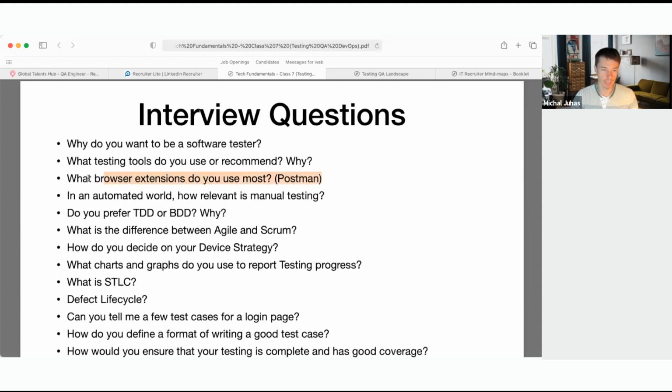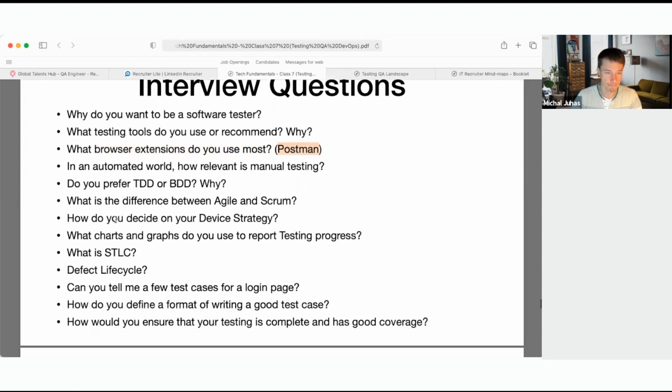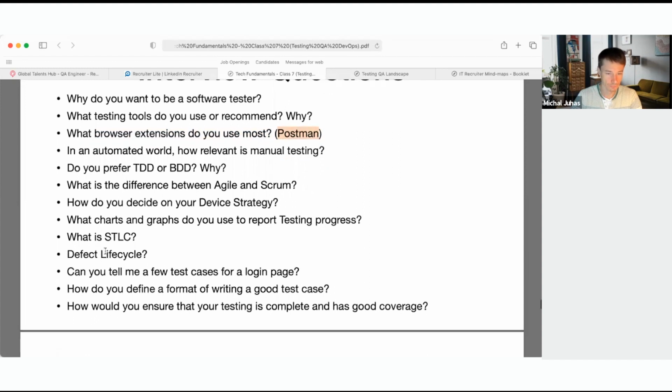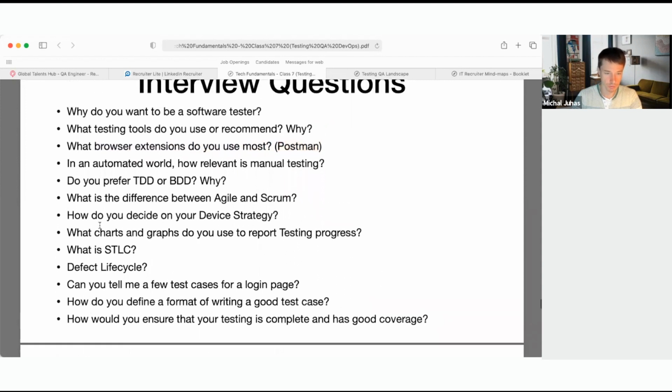This again helps us to filter those who are just manual testers and those who are test automation engineers, because the test automation engineer would use, for example, Postman. And probably those are most important now when it comes to sourcing and identifying who is a good fit.